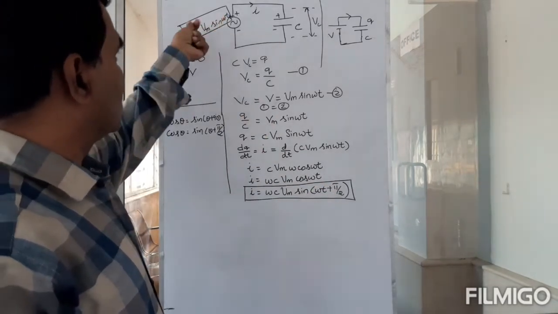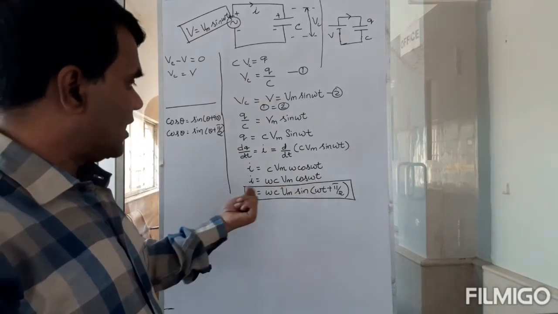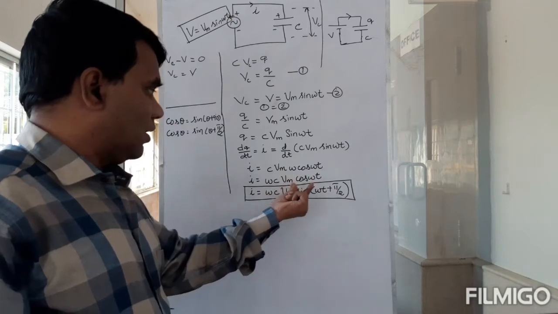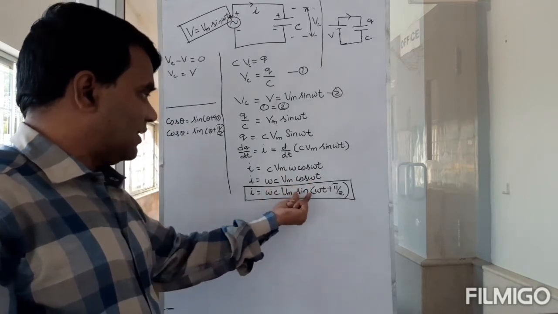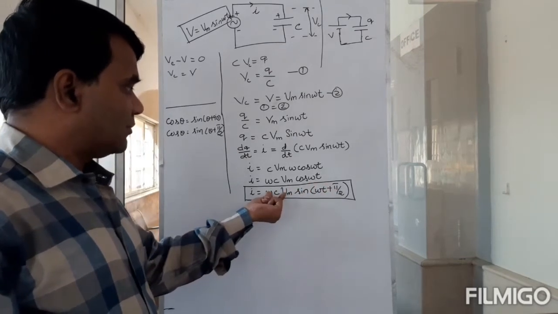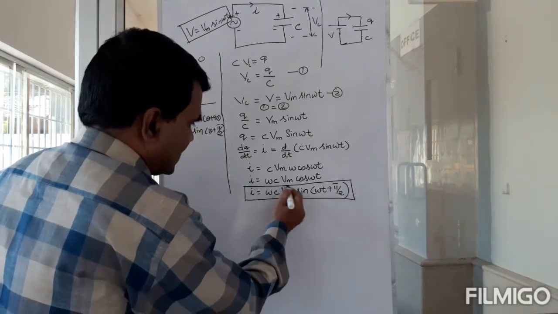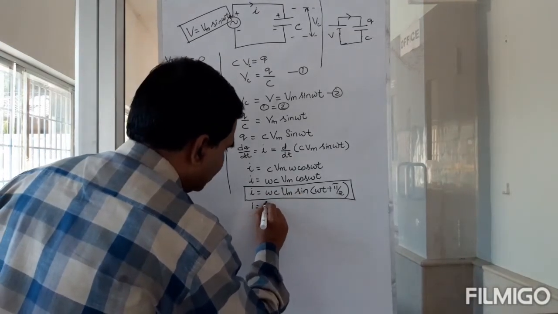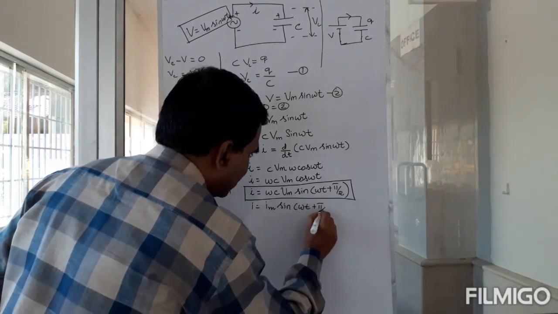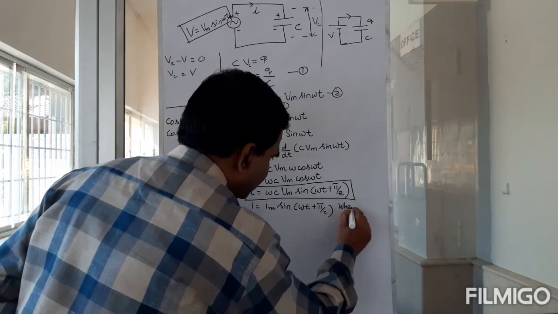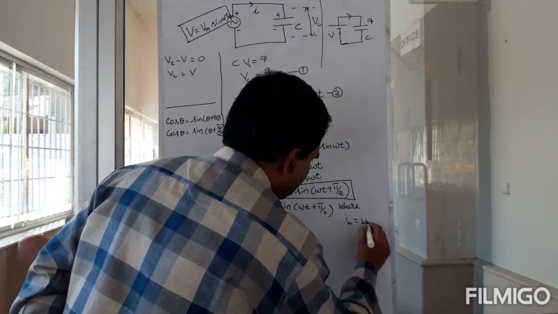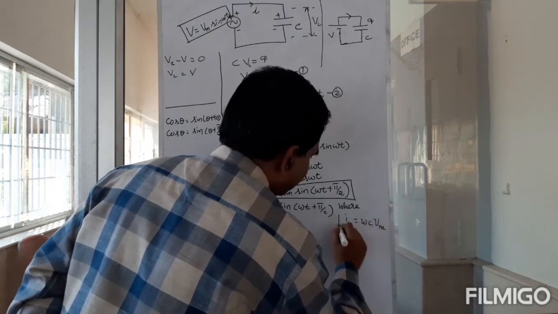If t is equal to 0, V will be 0. But what's the value of I? I would be this times sine of, this is 0, but this will be pi by 2, so 1. So I can treat this as I max, right? So this I can be written as Im sine omega t plus pi by 2, where Im is equal to omega c Vm.